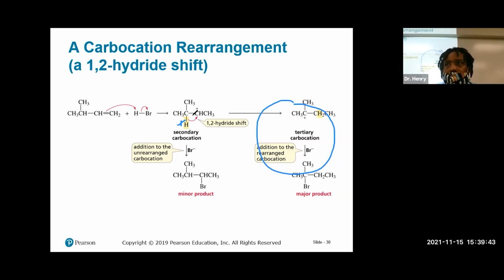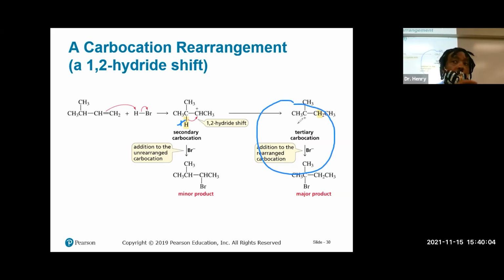So we have stability associated with that charge. Now you're able to add the bromine to it. Yeah, the hydrogen shifts over.